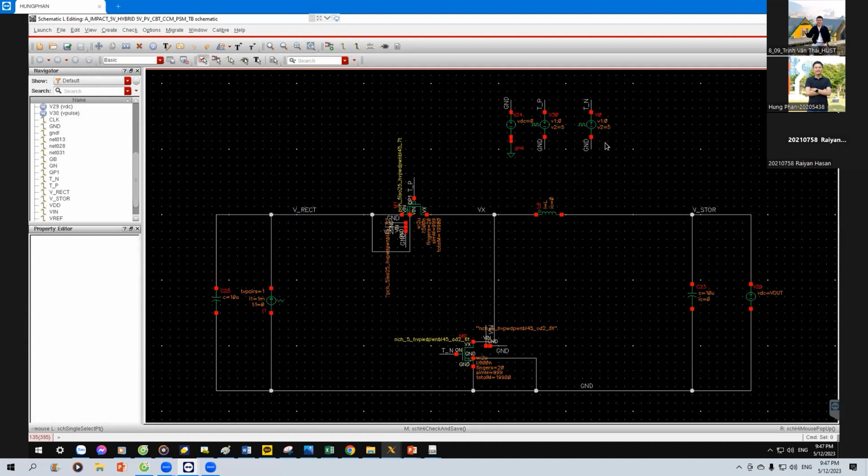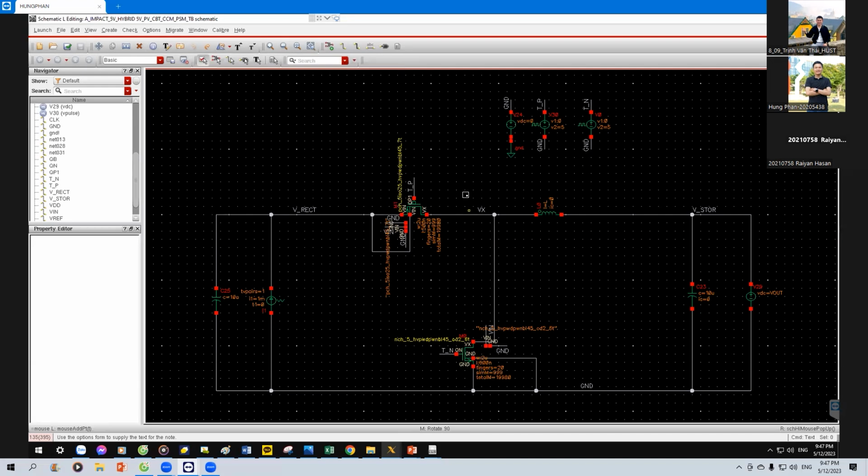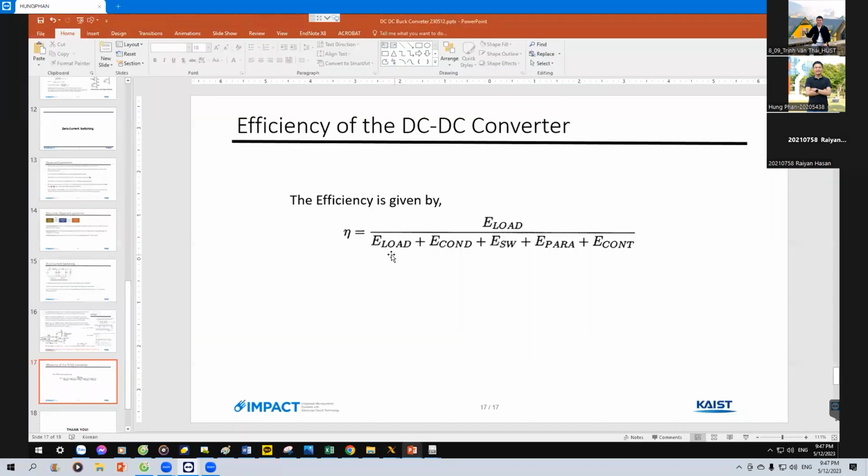However, do you know conduction loss and switching loss?